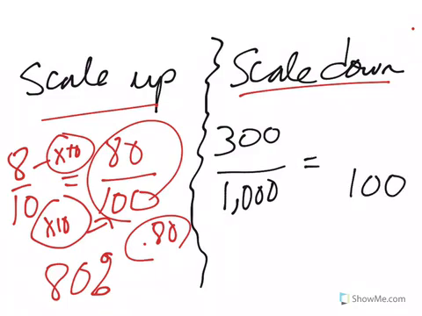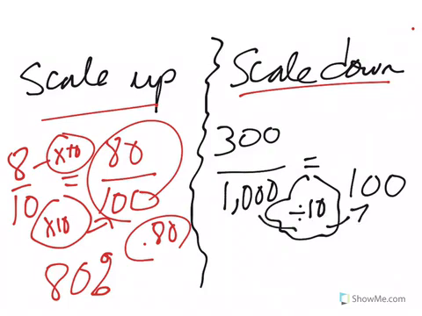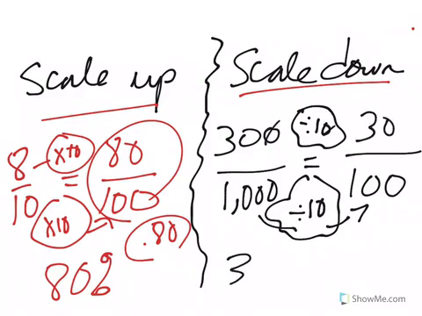Well, you can't multiply to go from 1,000 to 100, so you have to divide. 1,000 divided by 10 gets me 100. 300 divided by 10, I know I can cancel out those 2 zeros, gives me 30, and I would know that is 30%, or if you want to look at it as a decimal, 0.3 or 0.30.